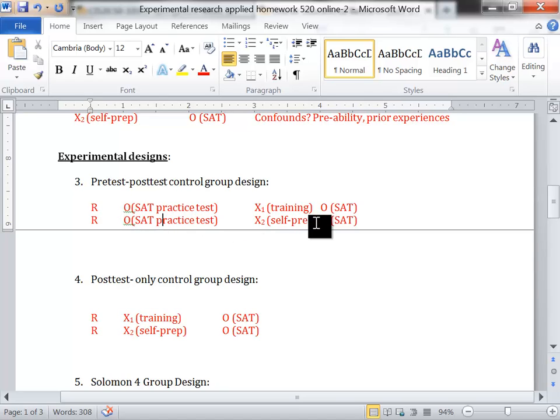So our comparison group, our control, is those that do self-preparation, as opposed to those who actually get the training.